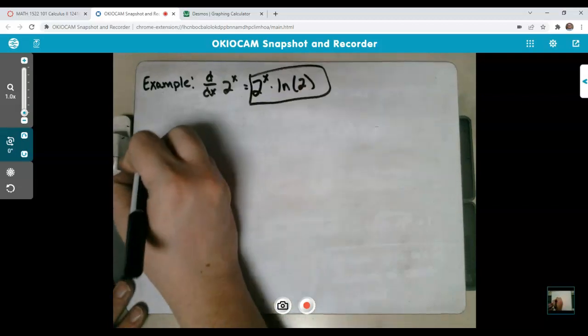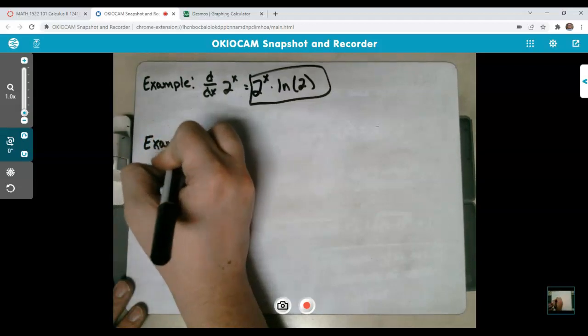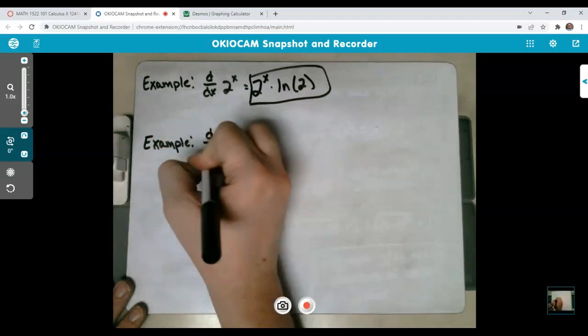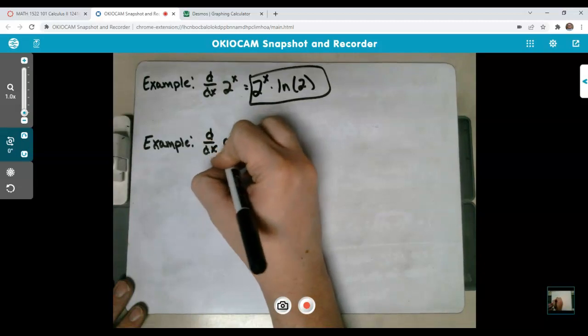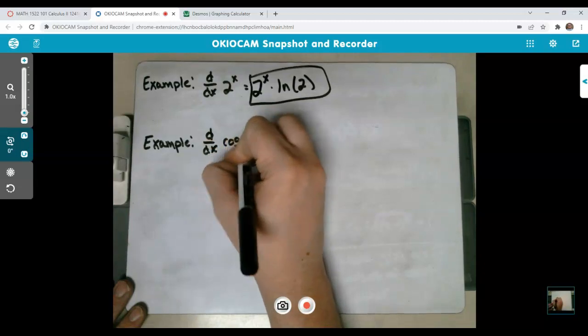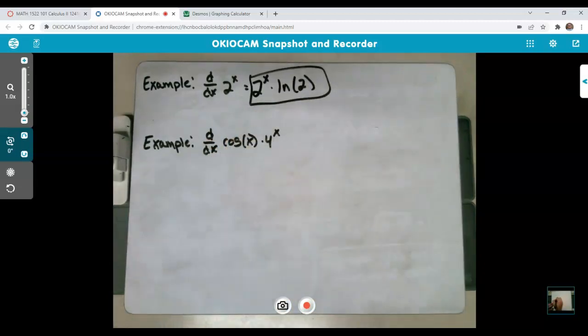Another example. Let's find the derivative of cosine of x times 4 to the x. Now notice here I said times, so this is a product, and therefore I need the product rule, okay? Remember that says, do the first part. The derivative of cosine is negative sine.